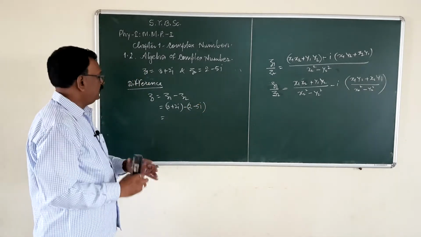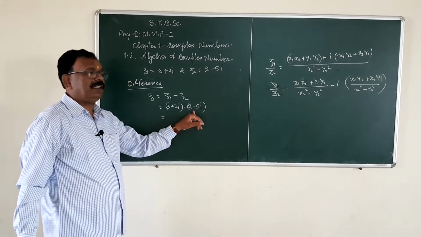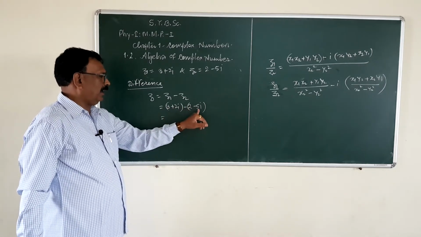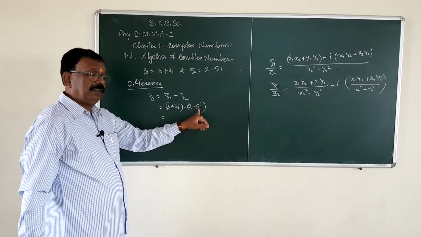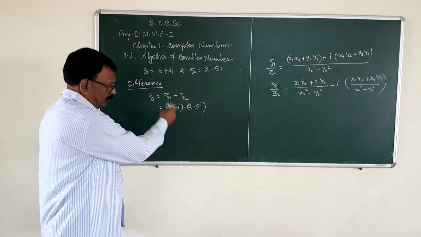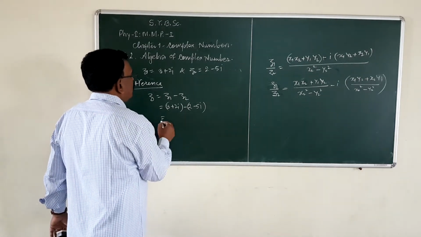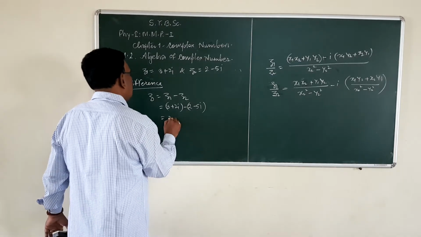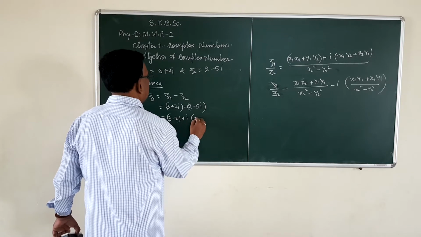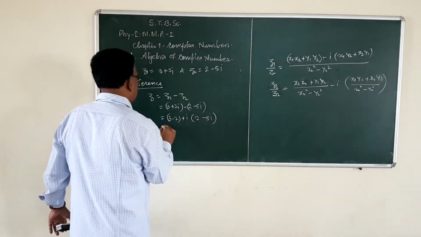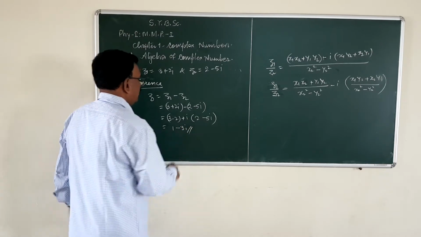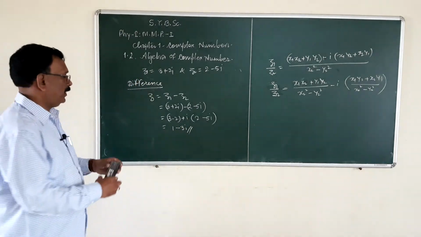Here again, subtract the real part of the second number from the real part of the first number, and again subtract the imaginary part of the second complex number from the imaginary part of the first complex number. Therefore 3 minus 2 plus i 2 minus 5i. After solving this we will get 1 minus 3i. This is the difference between these two complex numbers.